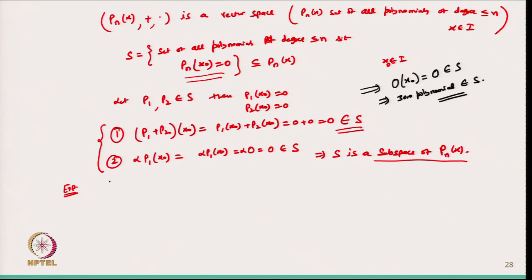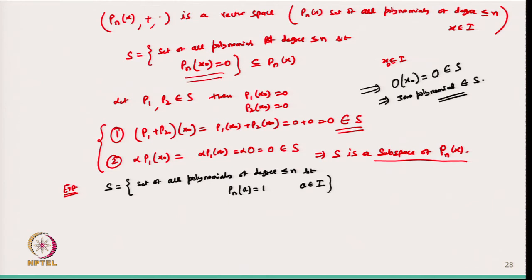Now, let us take another set S. In this case also I am taking the set of all polynomials of degree less than or equal to n such that P n at some element A is equal to 1, where A belongs to the given interval.